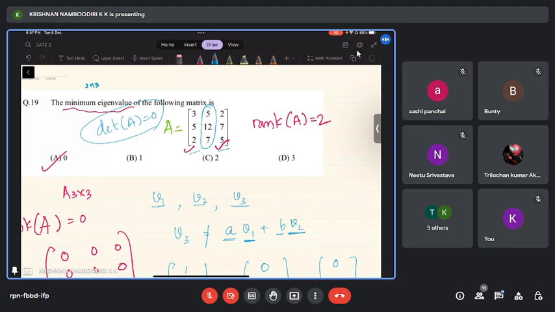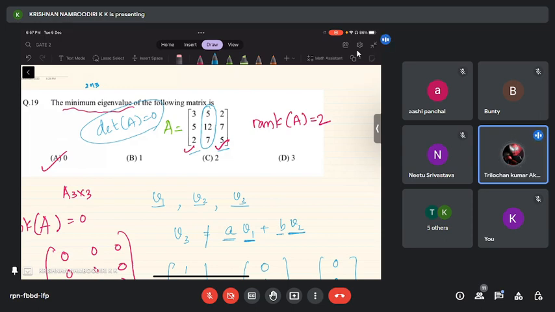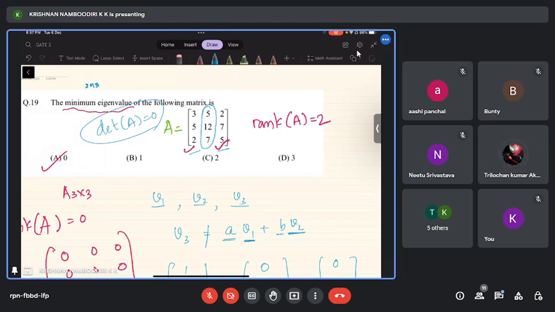The very trivial linear dependence is nothing but being equal. One column equal to another column is very trivially linearly dependent.